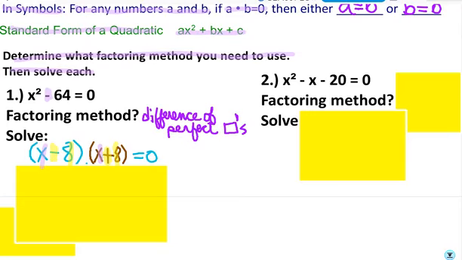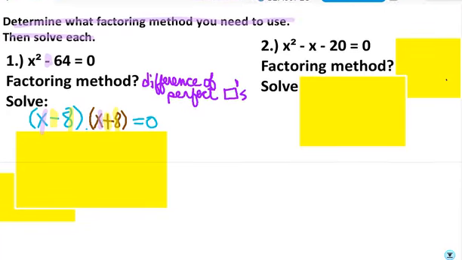Now, for these kinds of problems, we go back to what our vocabulary said. Zero product property says I must have the quadratic in either standard form or in factored form set equal to 0 so that I can set each factor equal to 0 and solve for x.